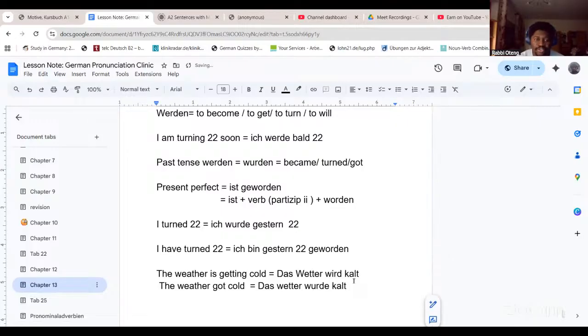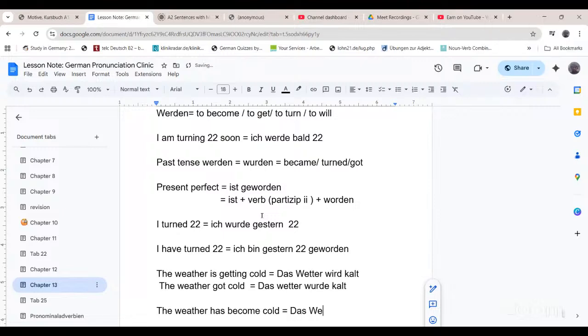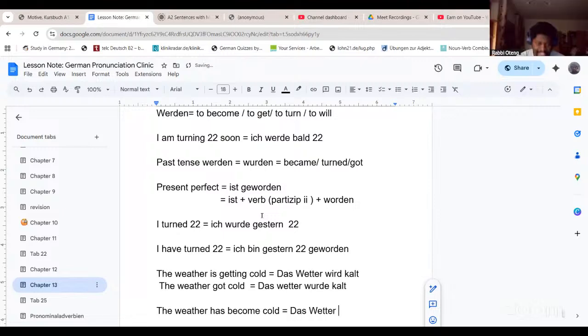Now we want to put it into the present perfect: the weather has become cold. Cold will be what? Das Wetter ist kalt geworden. Das Wetter ist kalt geworden.